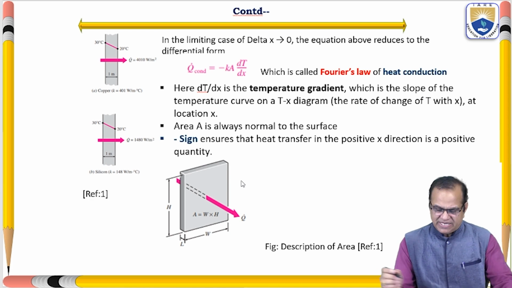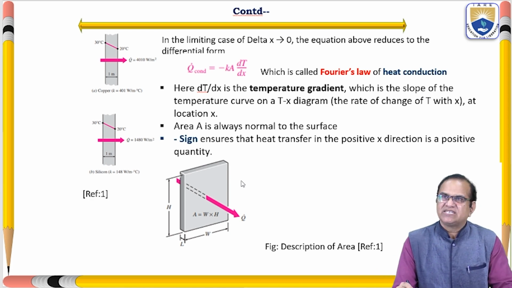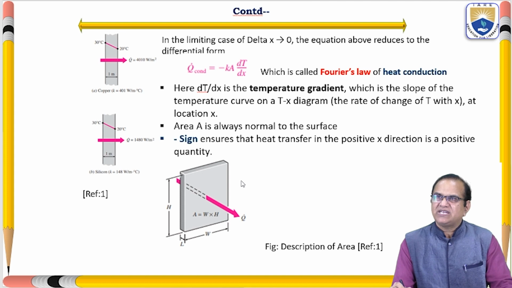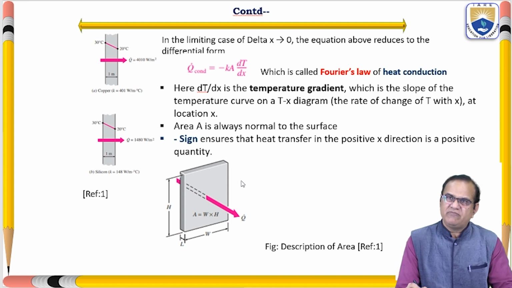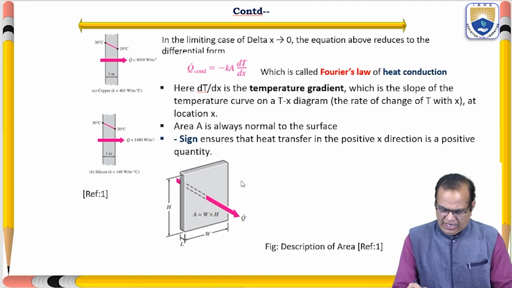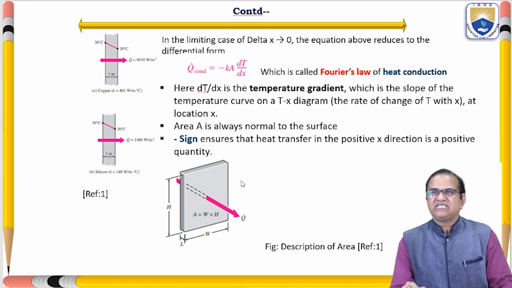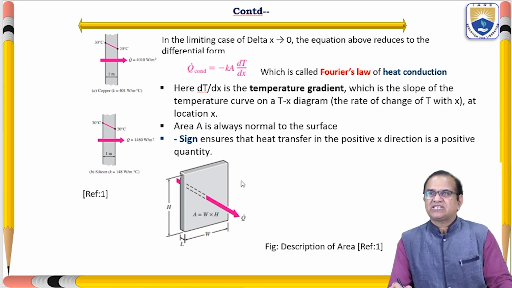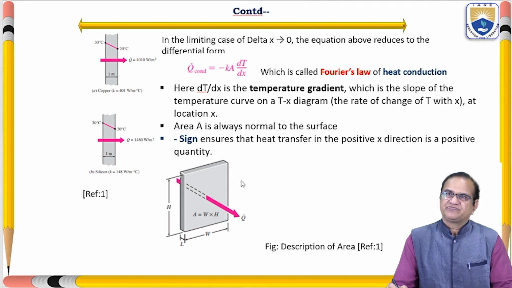In the limiting case, if delta X extends to 0, the equation above reduces to the differential form. We can write Q conduction is equal to minus KA dT by dx, which is called Fourier's law of heat conduction.